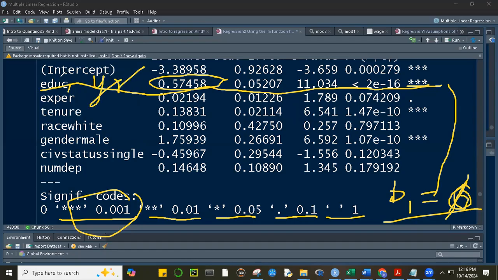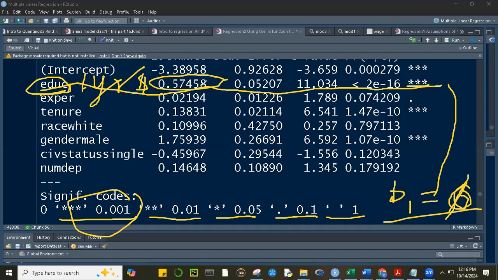Because you take a look at the dimension of the variable. The variable here is education, and this is expressed in years. Okay, so that's why we have to use years. No? So for every 1 year increase in education, there's a corresponding $0.57 increase in hourly wage.